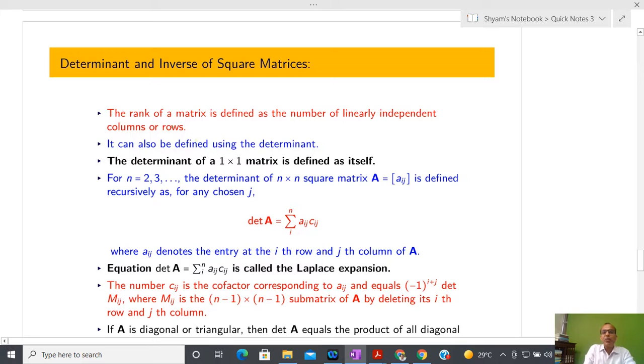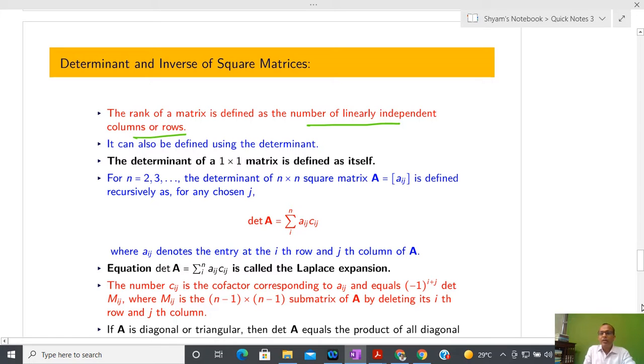So what we found is that the rank of a matrix is defined as the number of linearly independent columns or rows. Both ways I can define it, either you select linearly independent columns or rows, it doesn't matter. Anyone has confusion on this? Then please let me know.